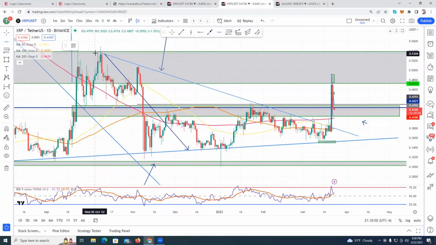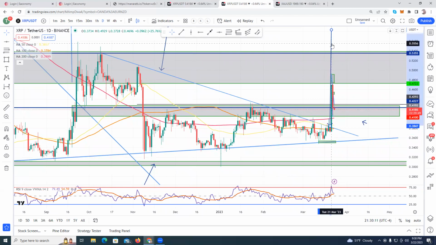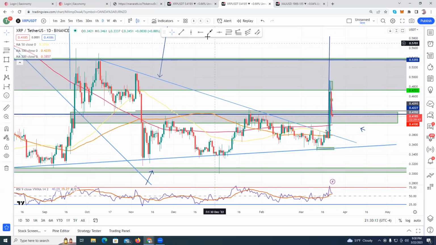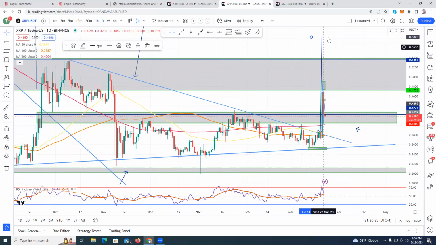So if we take this from our breakout, we can anticipate a price rally or a price target of this region here, which is 58 cents, okay? So that's one area where we could expect or anticipate price to come up to.